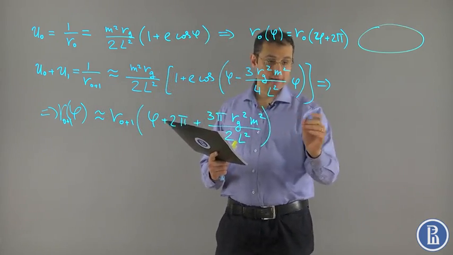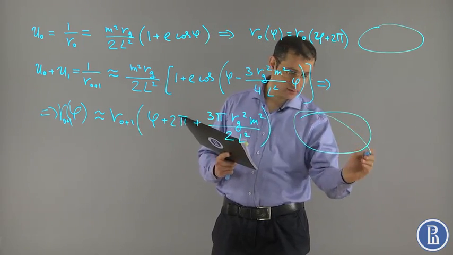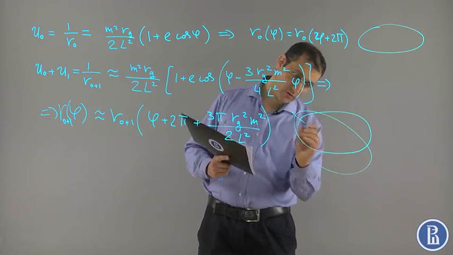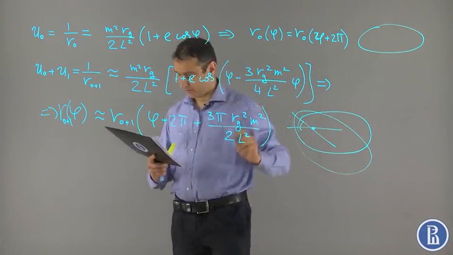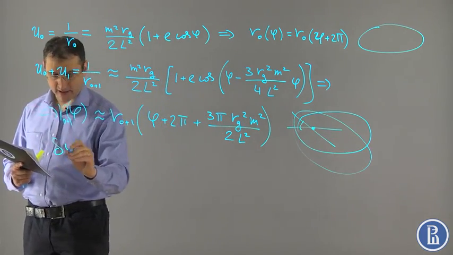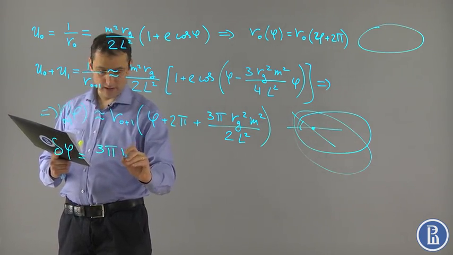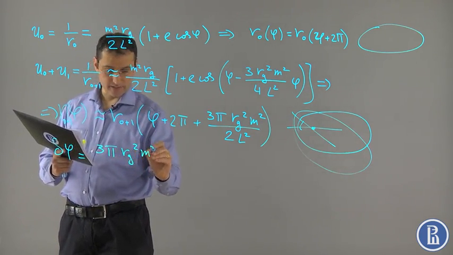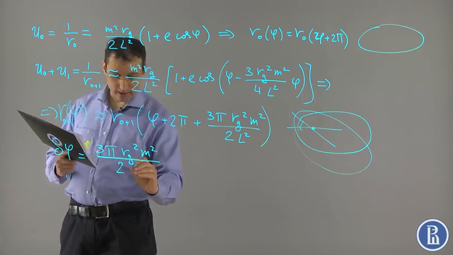So we have a precession. So the trajectory is not quite closed. So there is a small rotation by an angle following from here. The rotation angle is just 3 pi Rg squared m squared over 2L squared.